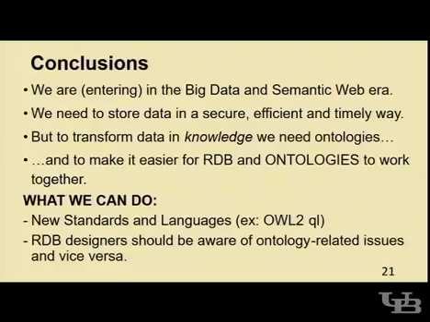Some conclusions: we are collecting more data than ever before. We need to store it in some way. Relational databases are now the kind of tool most used for that. But if we want to transform data into knowledge, we need ontologies. So what can we do? Provide new standards and languages. An example was OWL 2 QL, but also consider ontology-related issues when designing databases.